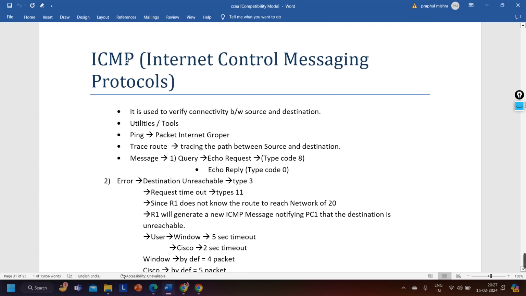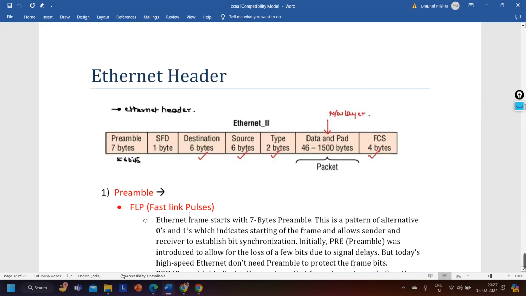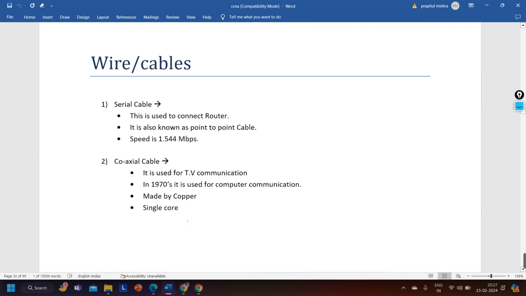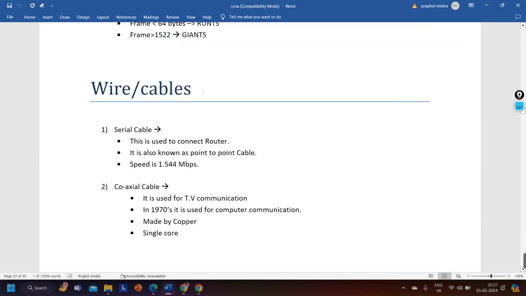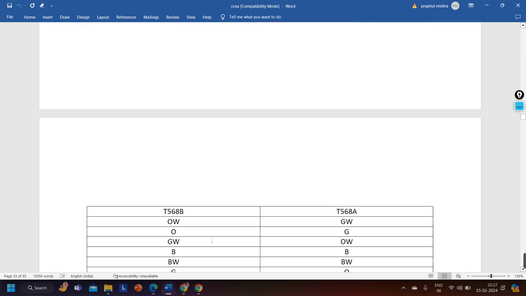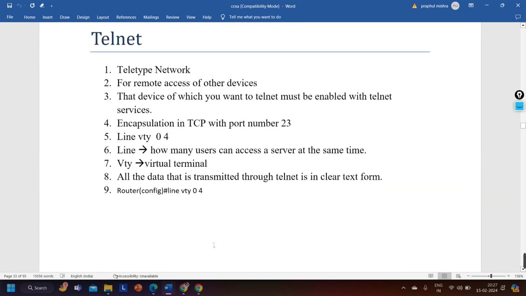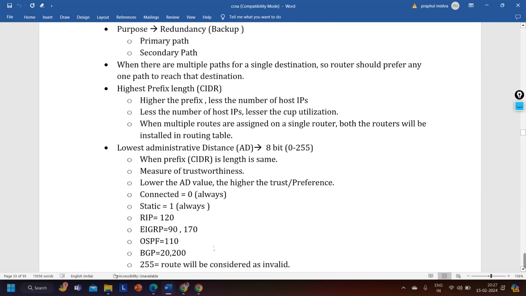Then guys, we have some important protocols like ICMP, ARP, Ethernet header. Then you need to learn cables, wired and wireless media. So access point, port, okay, fine, these are again basic.